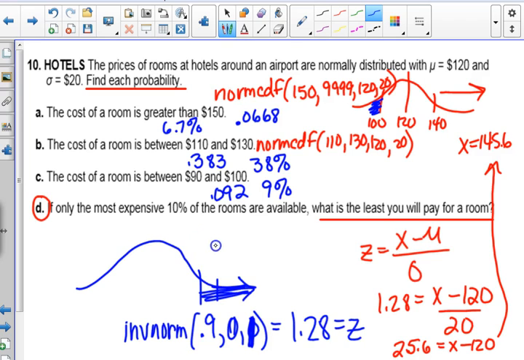Most expensive 10. So if we put in 0.9, 1, the mean of 120 and the standard deviation of 20, and then it should give us the same answer. Yes, I think you're right. Does it give you the same 145.6-ish number?